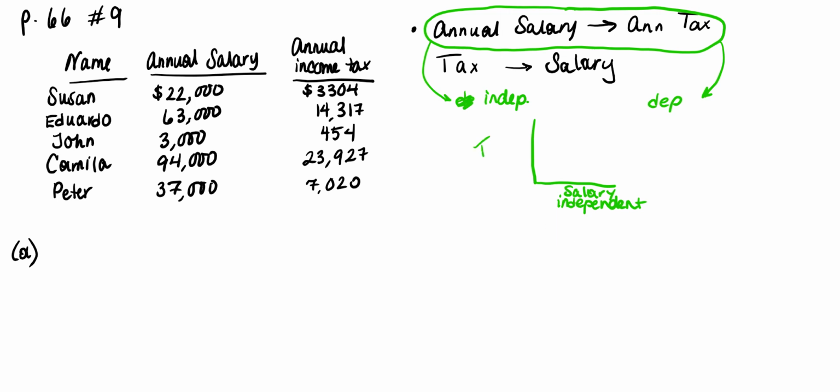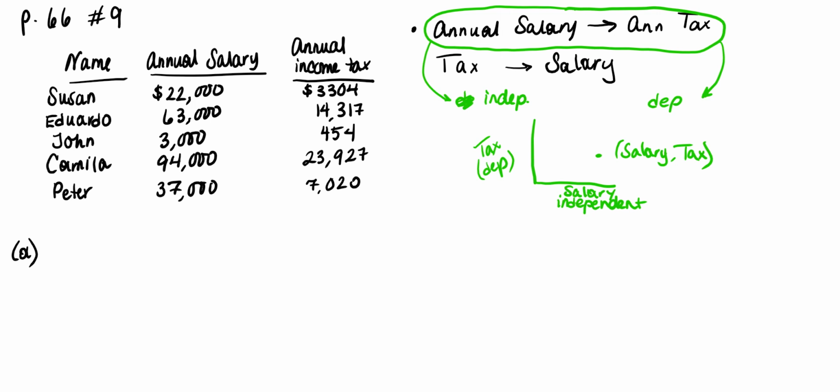So this is dependent. When we have a point on this graph, it first tells us the salary and then the tax. That's how we're going to use the information in our table to determine the average slope between 2 points.